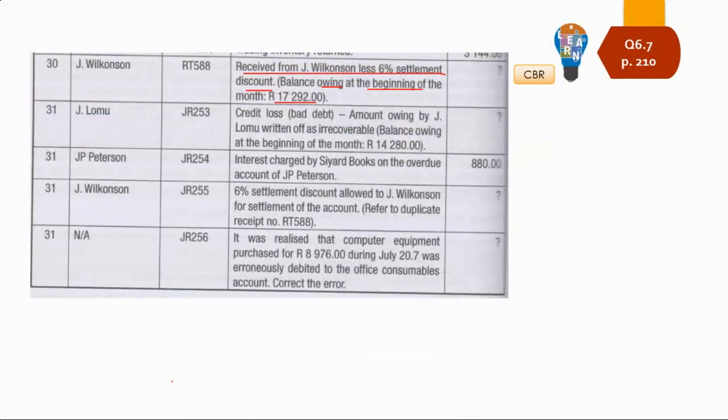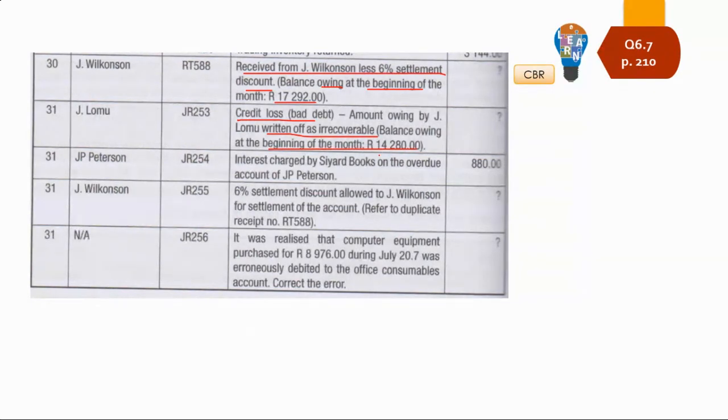Okay, so let's look at the 31st. On the 31st, we've got a credit loss, bad debt. An amount owing to J. Lomo was written off as irrecoverable, but now we don't know what it is, and we've got the balance in the beginning of the month. So now what I want you to do is, using the same steps that we've done previously, go work out how much we are writing off for J. Lomo.